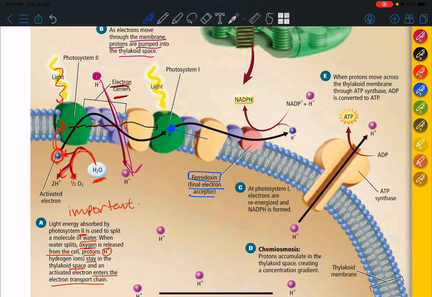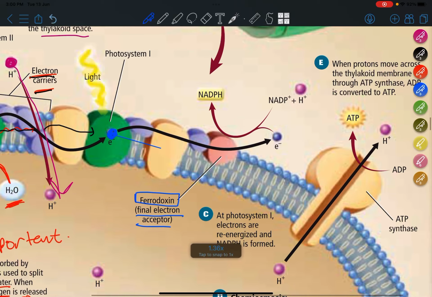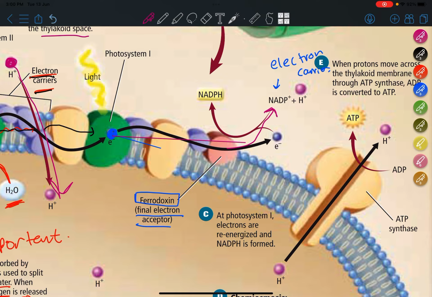Right, what does ferredoxin do? Ferredoxin will transfer the electron to the electron carrier NADP+. So NADP+ is an electron carrier. Cool. And what will happen is, once the electron has left photosystem 1, it's gone through ferredoxin. Ferredoxin will find a NADP+.